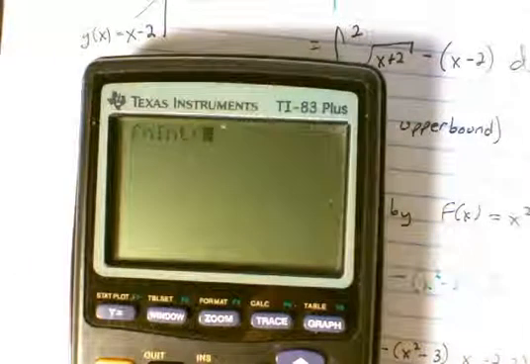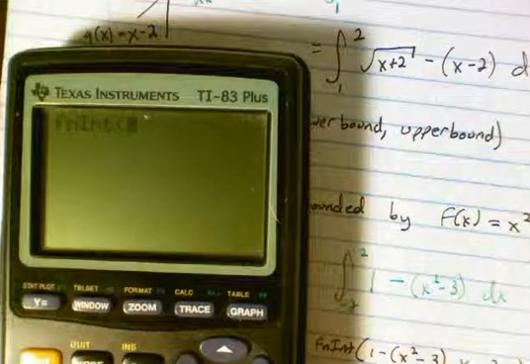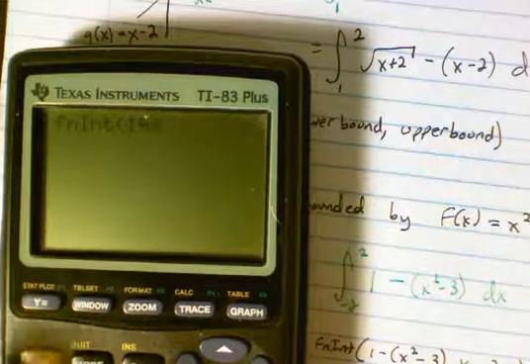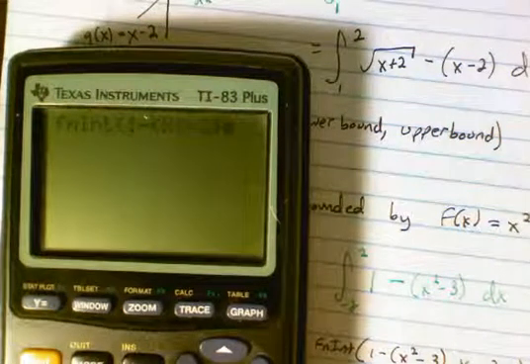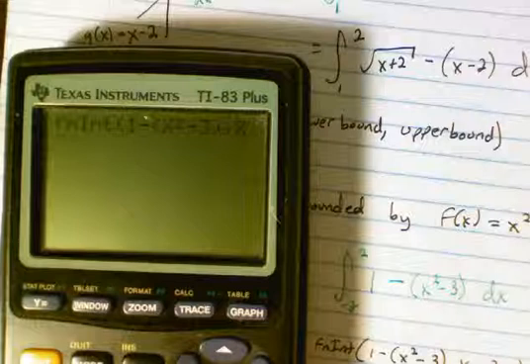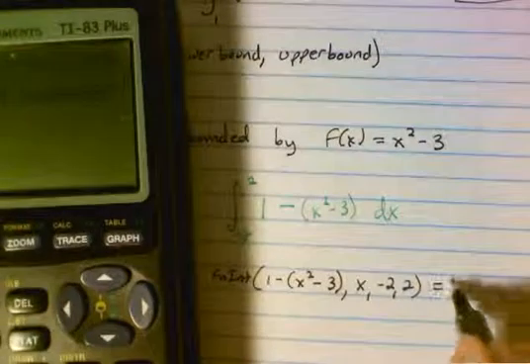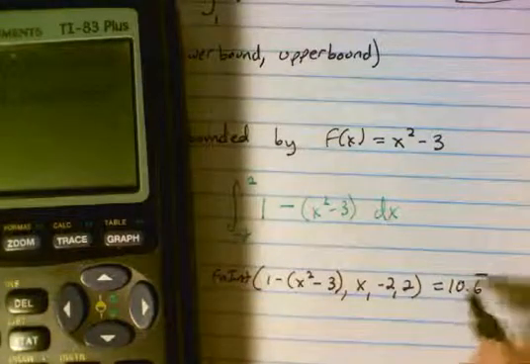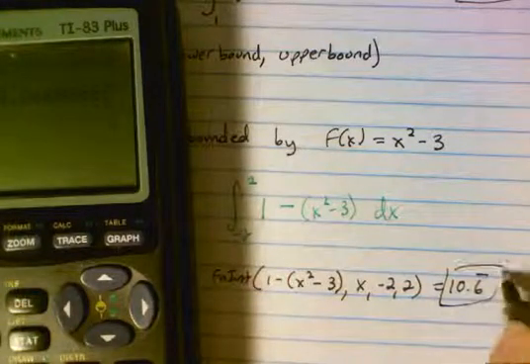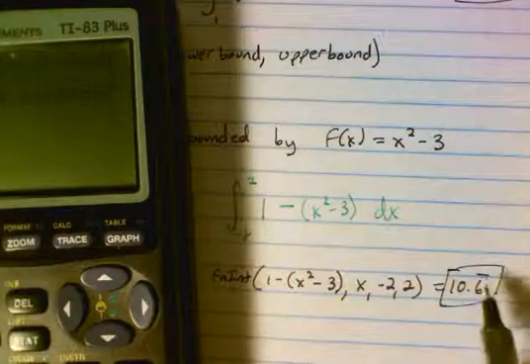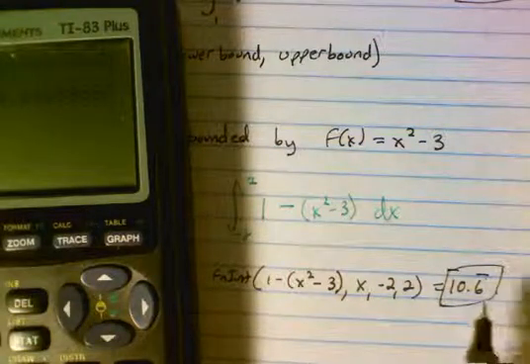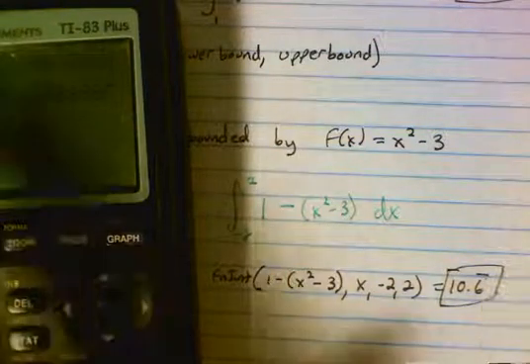Math, that's math 9. 1 minus parentheses x squared minus 3, comma x, comma negative 2, comma 2. And there's our answer. The little bar over it means repeating. That gives it an exact answer. I don't have to write out all the decimals because they're already contained in that bar.